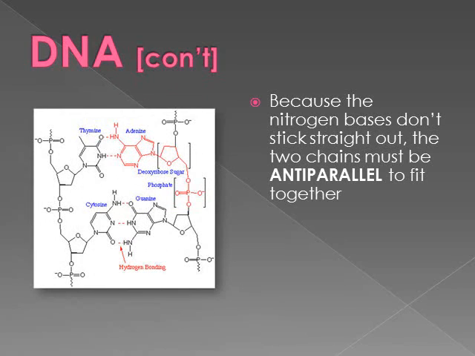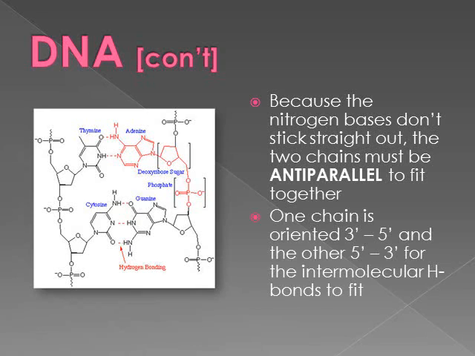So using that same diagram again, I'll identify that situation where the sugars on one side are oriented in one direction and the sugars on the other side are oriented in the other direction as anti-parallel. We call that an anti-parallel arrangement. So the strands of sugar phosphate are parallel to each other, but the orientations themselves are opposite.